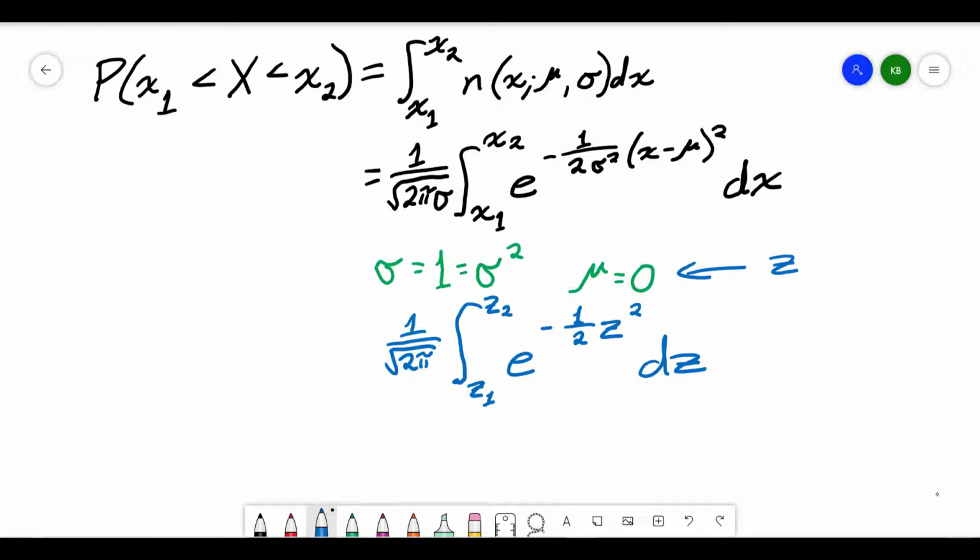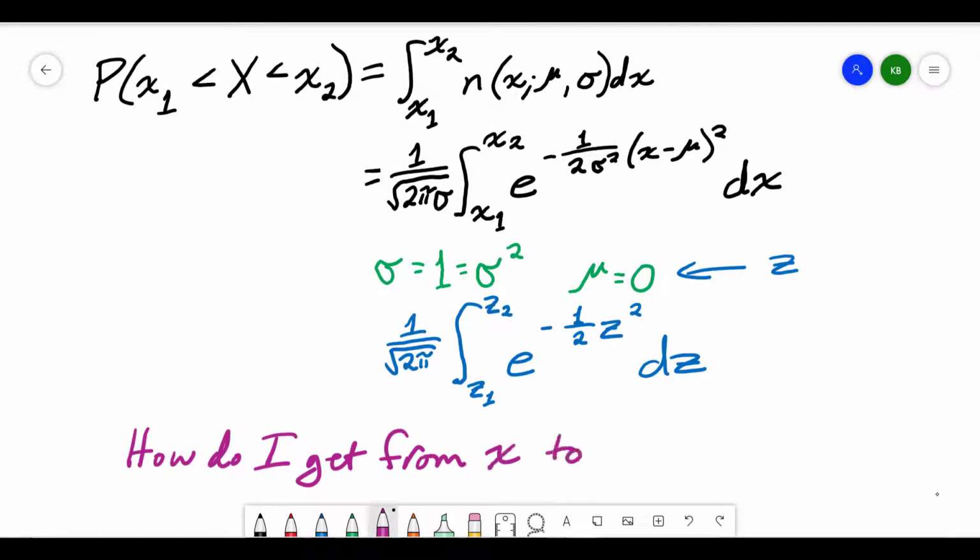So this is actually an integral that's a whole lot easier to take and work with. So the question is, how do I get from x to z?